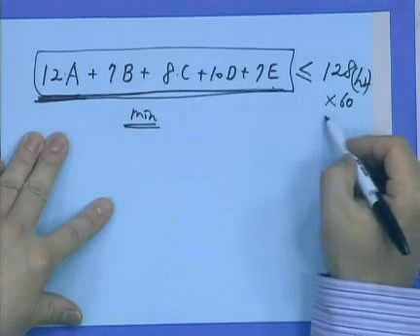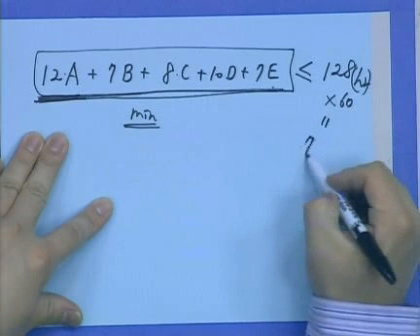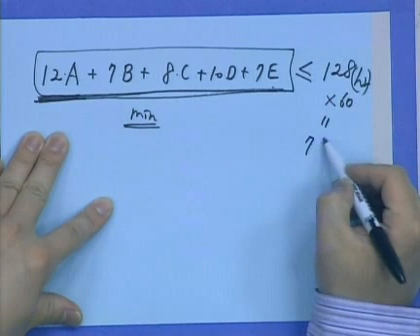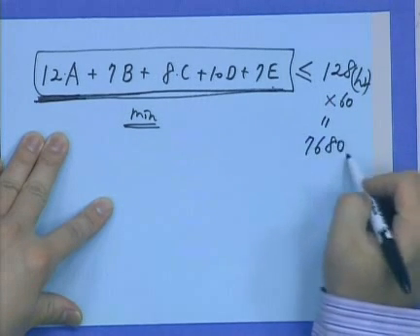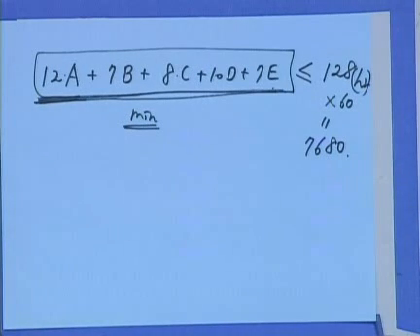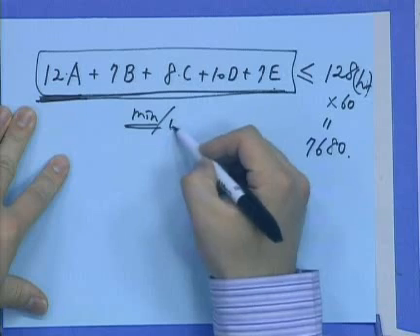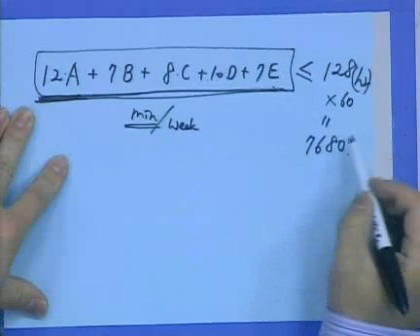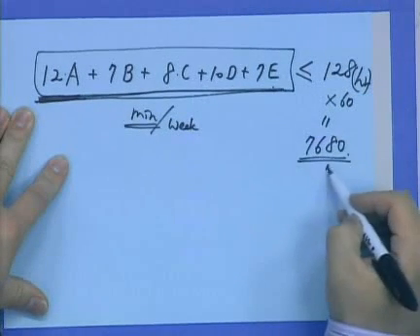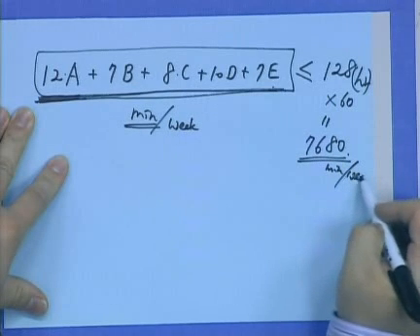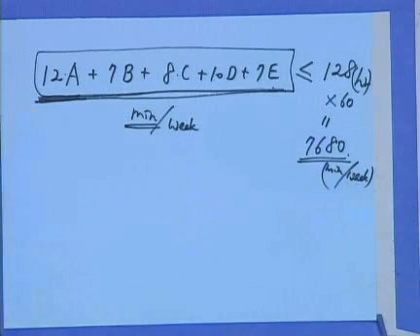Which becomes 7,680. Is that correct? So this becomes minute per week. Okay?